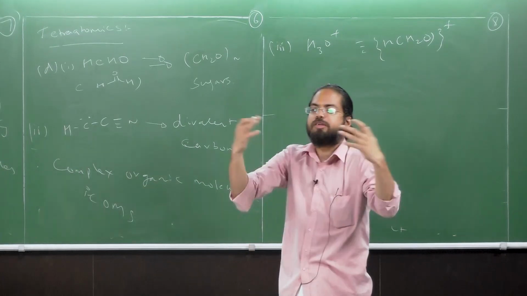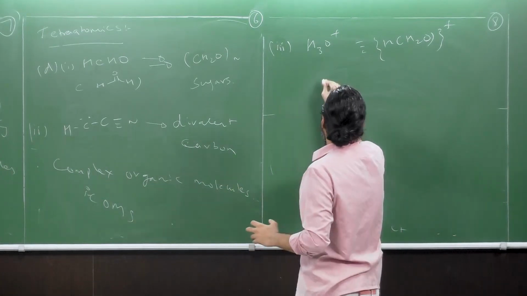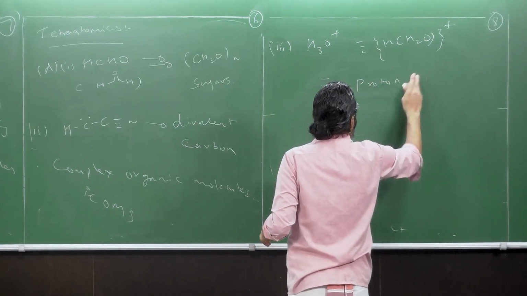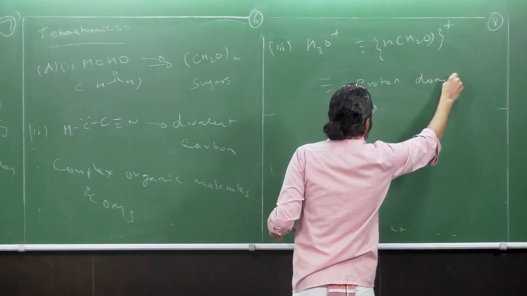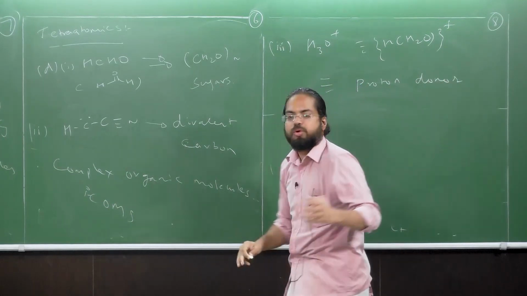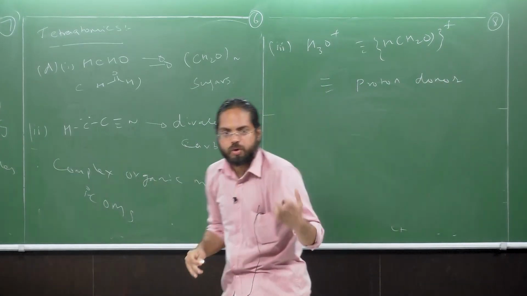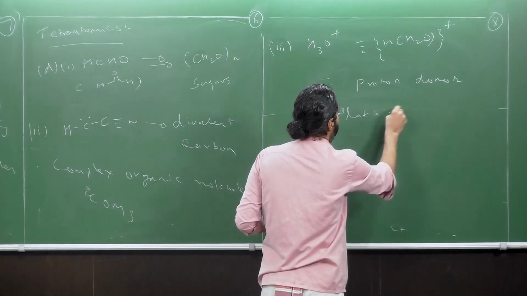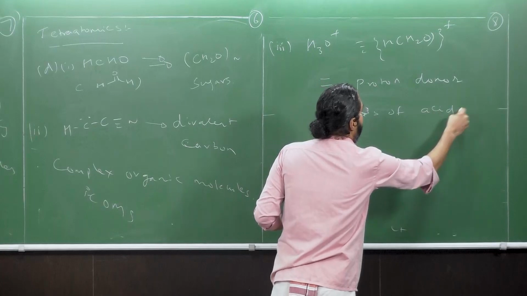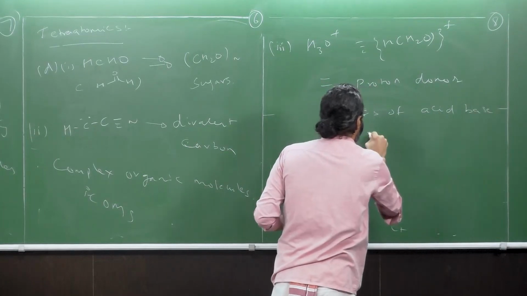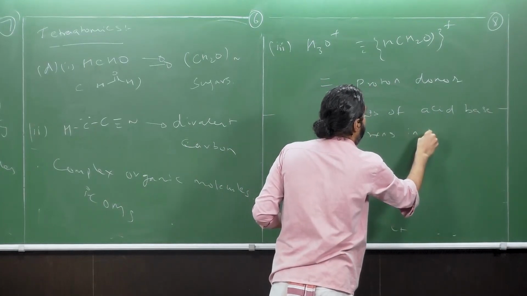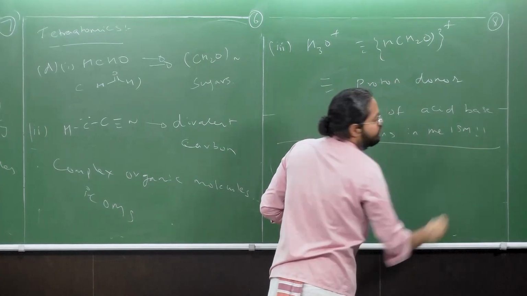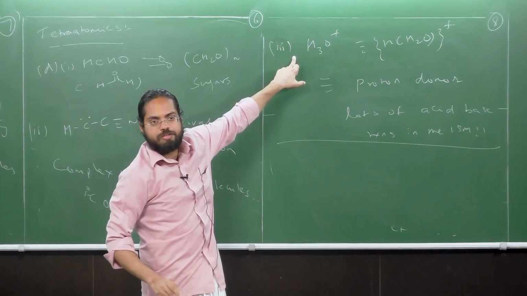And what is its obvious significance? Well, it can be a proton donor, or it can be a proton acceptor. It can be a ready proton donor and can participate in lots of acid-base reactions in the ISM. So this is the significance of H3O plus.